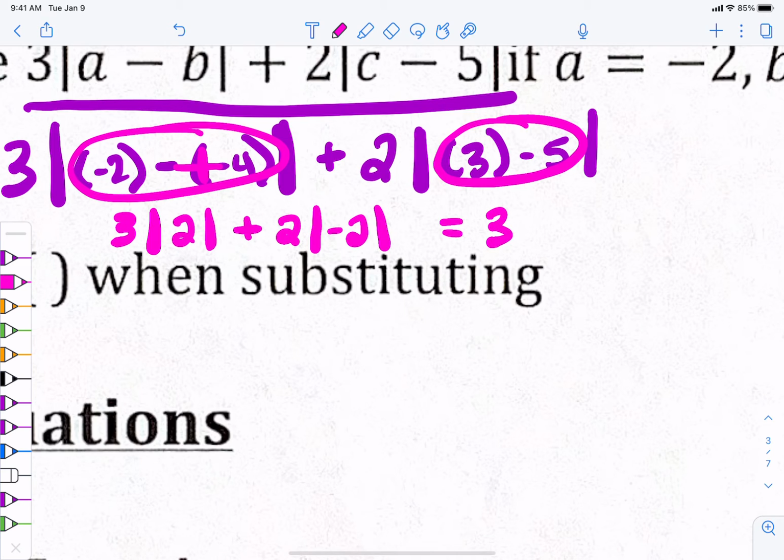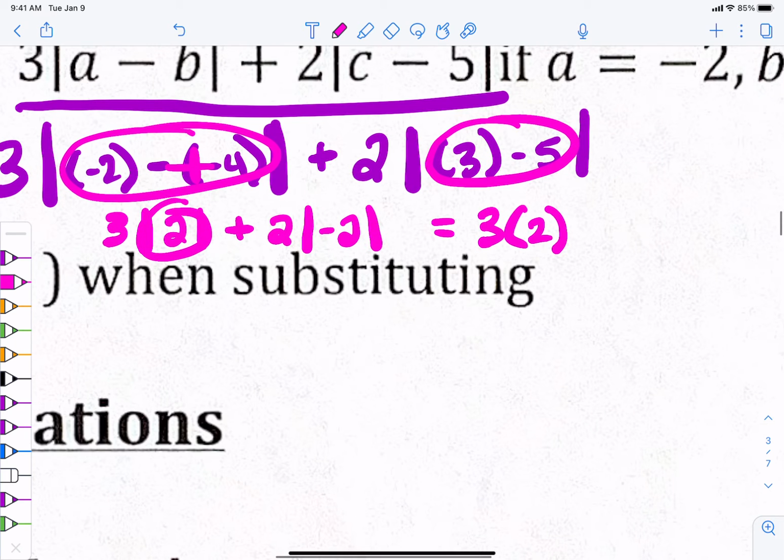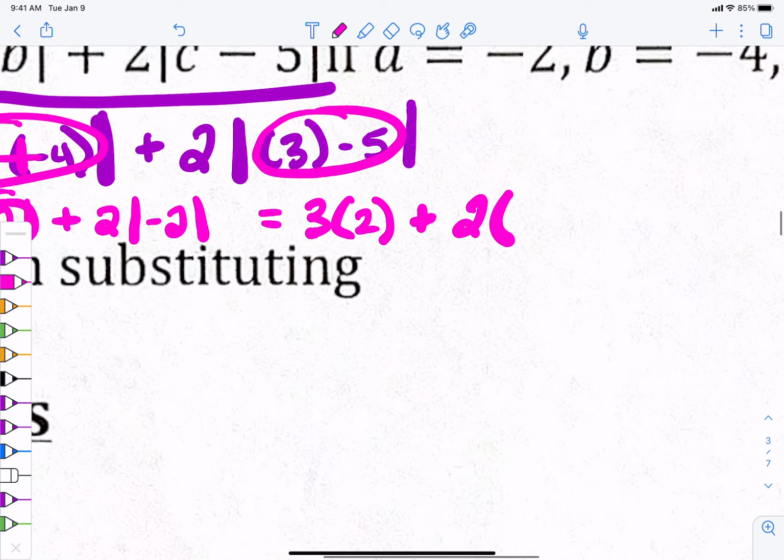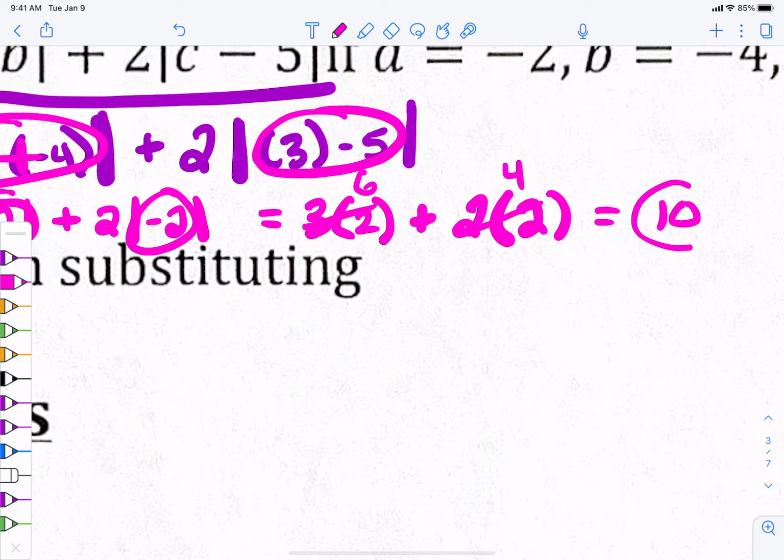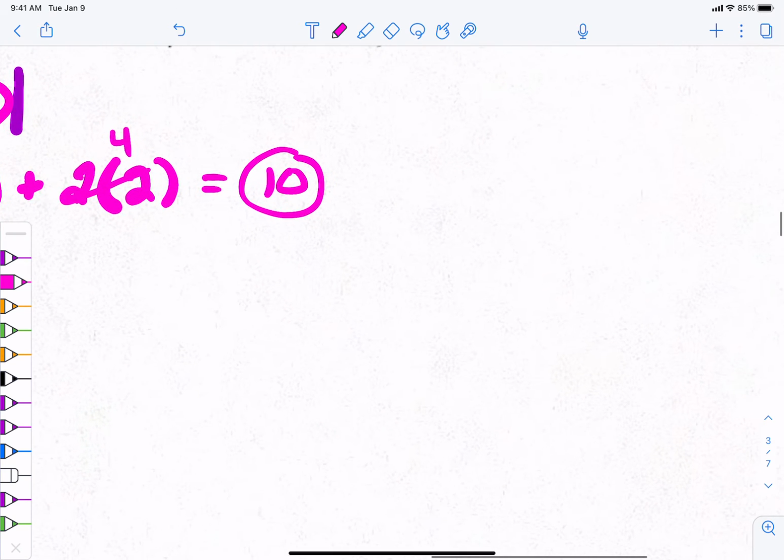So 3, and then what is the 3 doing to this 2 right here? Multiplying. They're right next to each other, so I'm just going to write it as 3 times 2. I'm just going to get rid of the absolute values. Plus 2 times 2, right? Because that absolute value changes him from -2 to +2. Okay? So I've got 6 plus 4 equals 10, right? Okay, order of operations. Good?